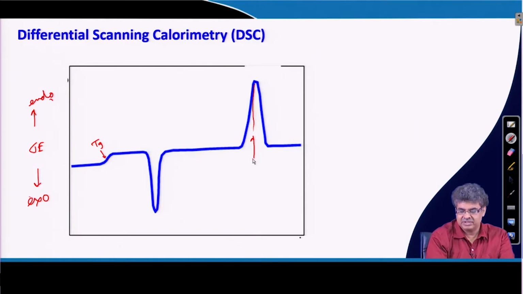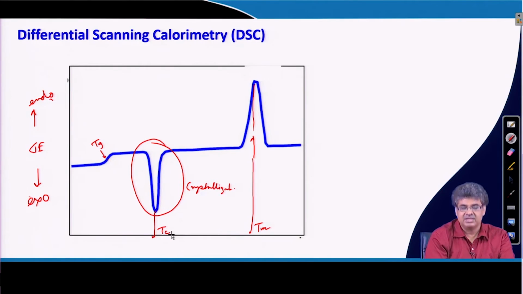And this process, as I was discussing, is called crystallization, and the corresponding temperature is Tc, the crystallization temperature. It happens, as I discussed, between Tg and Tm.